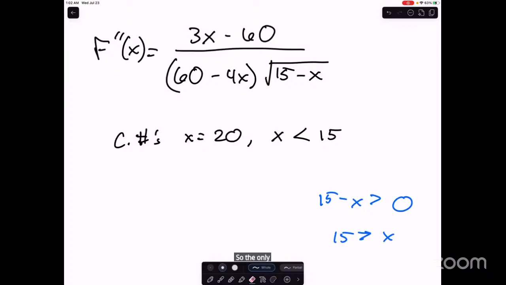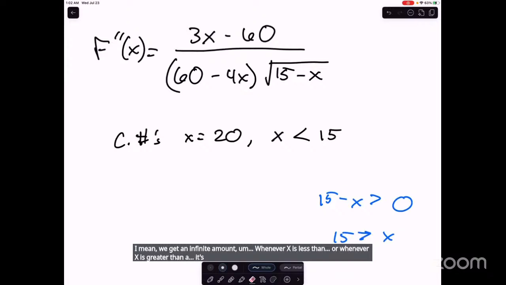So the only critical number that we're really getting is 20, because we had that square root. We get an infinite amount of errors whenever x is greater than or equal to 15.